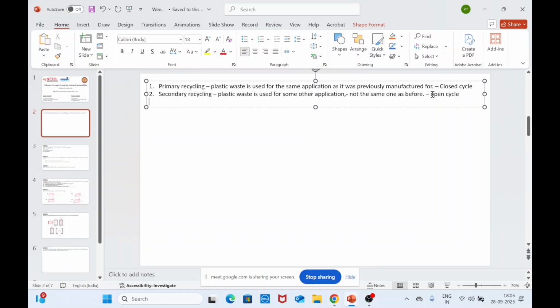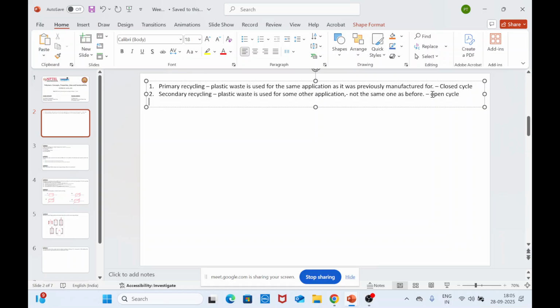Can that polymer be used for a better application, or for some completely different application with superior properties, or can it be used for other applications where the performance metrics may not be of prime importance?